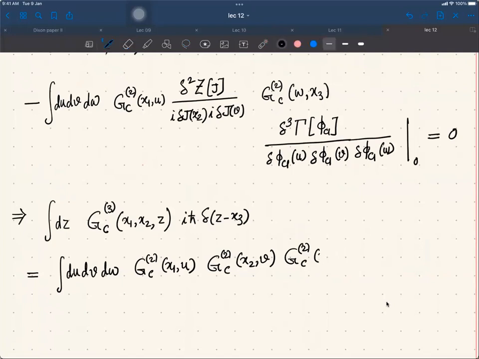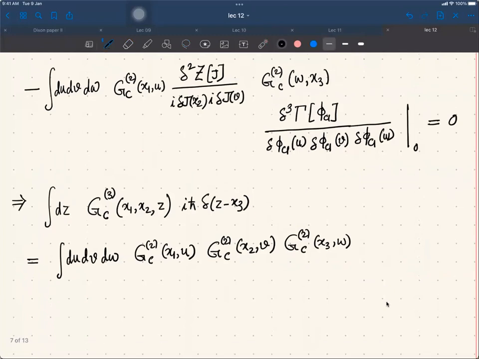It's actually symmetric, and then this third derivative at 0.